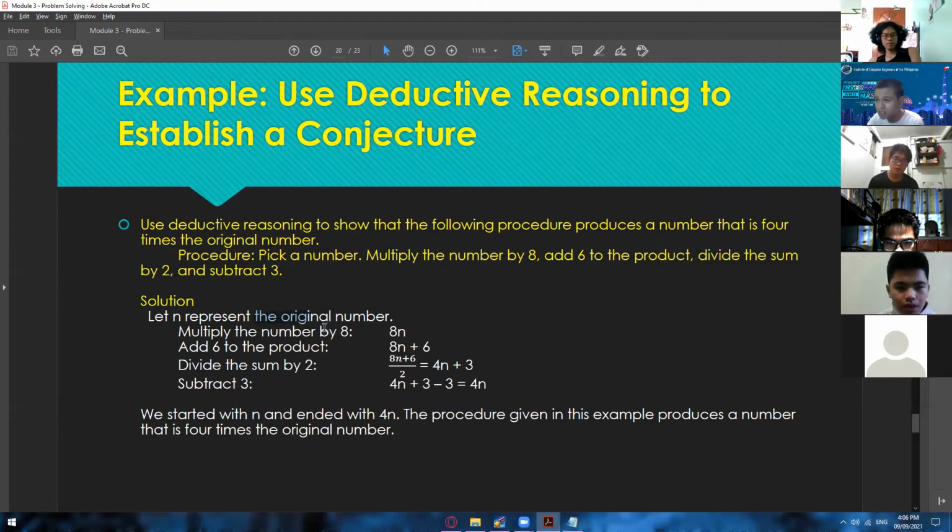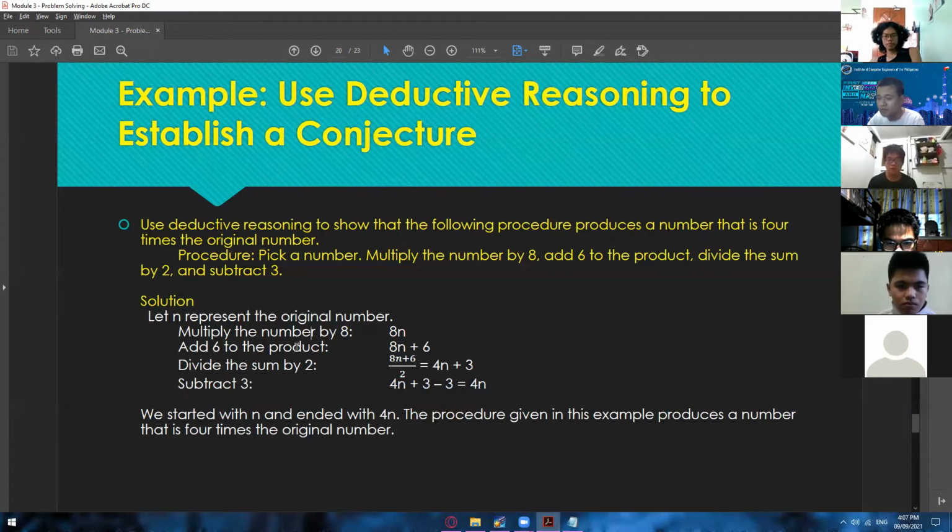So here, we are going to replace the original number by n, so that for any n, we can easily apply whatever formula will be formed, and then just use that formula and we'll have the correct answer as soon as possible. So we don't need to use a lot of examples.